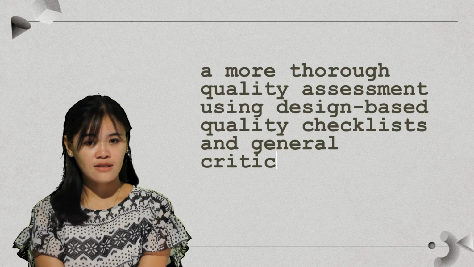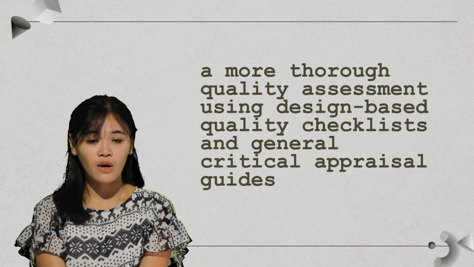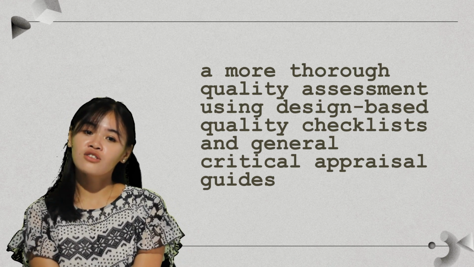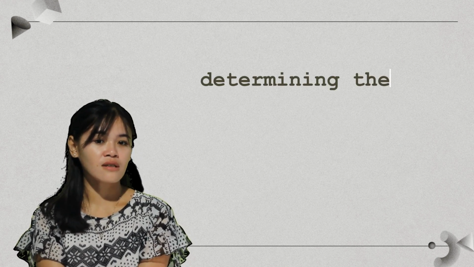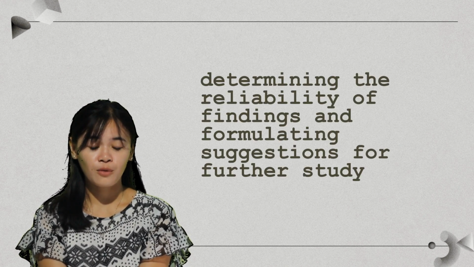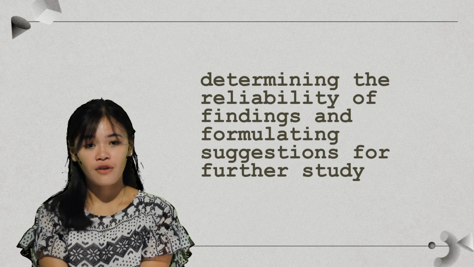Selected research should go through a more thorough quality assessment using design-based quality checks and general critical appraisal guides. These thorough quality evaluations will be used to examine heterogeneity and guide judgments about whether meta-analysis is appropriate. They also assist in determining the reliability of findings and formulating suggestions for further study.